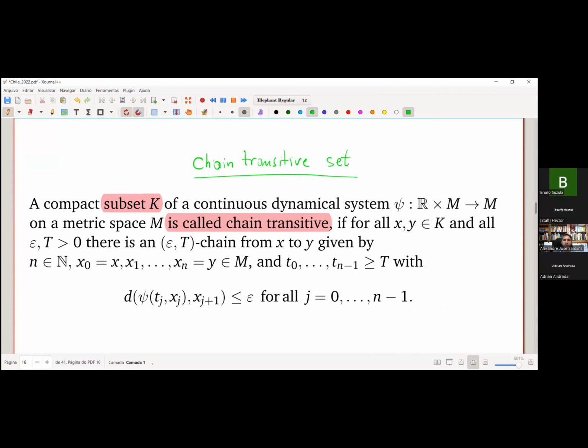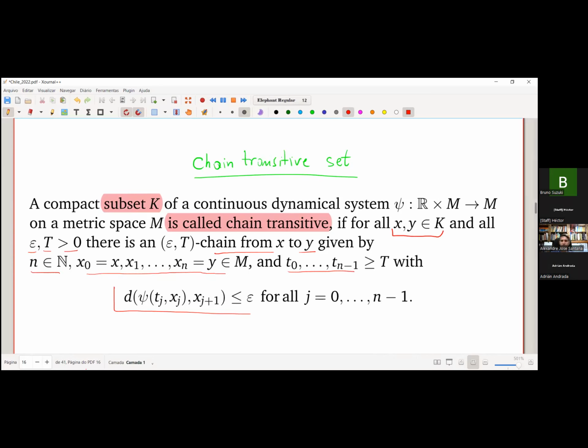A chain transitive set is a subset of the state space M, such that for all x and y in this subset, and for all epsilon and capital T positive, there is a chain from x to y given by this natural number, this sequence of elements in M, this sequence of times with this property here.